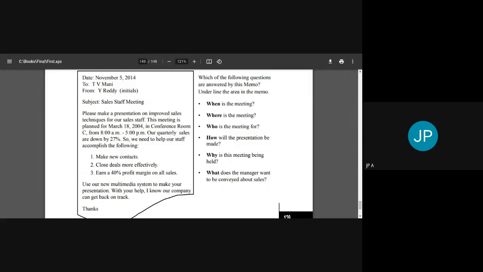When you write the To, there is just the name of the person that you are addressing the memo to. When you write From, it is the name of the person who is writing the memo. When you write the From name, there will also be initials put within brackets.